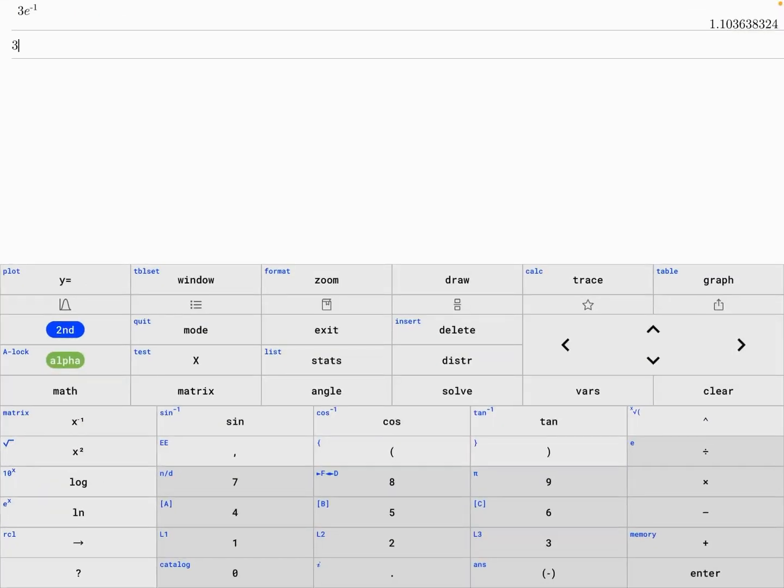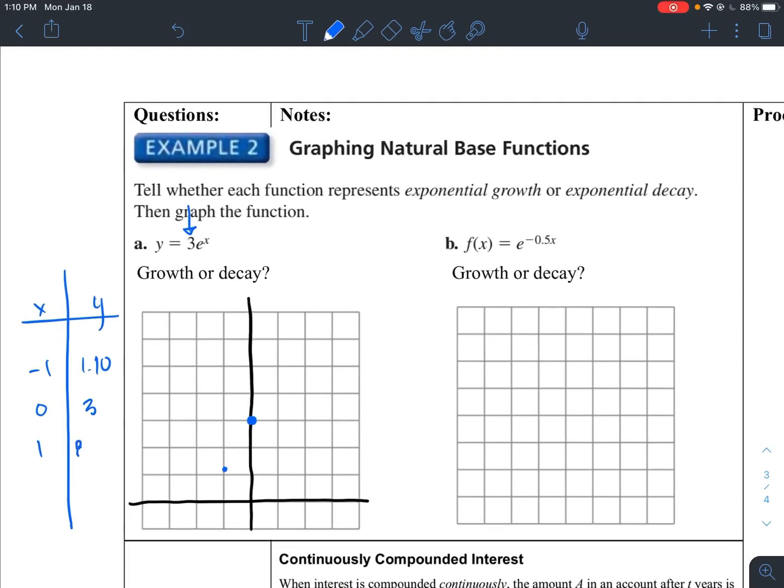If we have 3 times e raised to the first power, we get 8.15. That should be somewhere up there. So we know that this function will come up like this and shoot up like that, exponential growth.